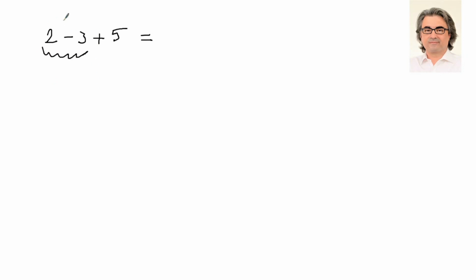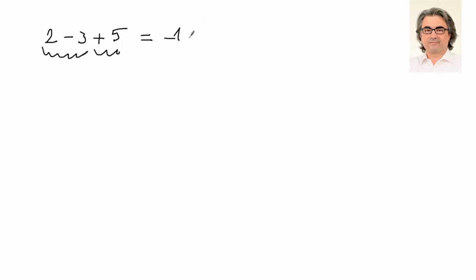The first two integers are plus 2 and minus 3. They have opposite signs. So the difference between 3 and 2 is 1. And then the sign of 1 is the sign of the greater one. The greater is 3 and its sign is minus.